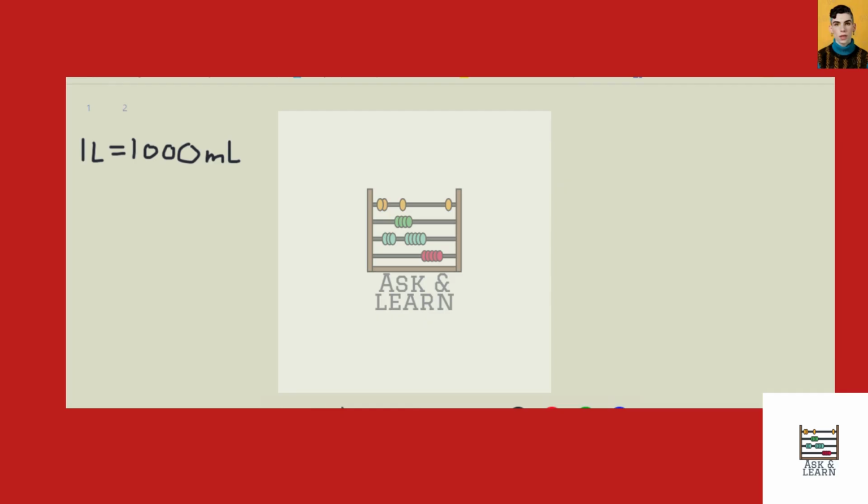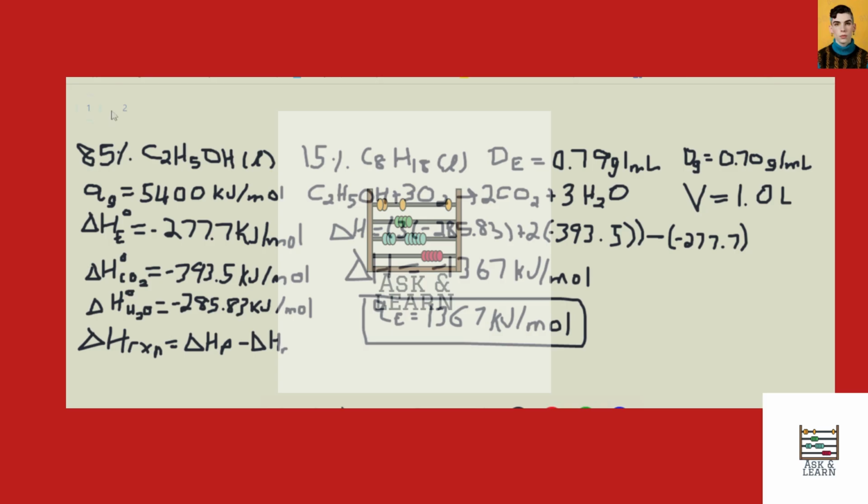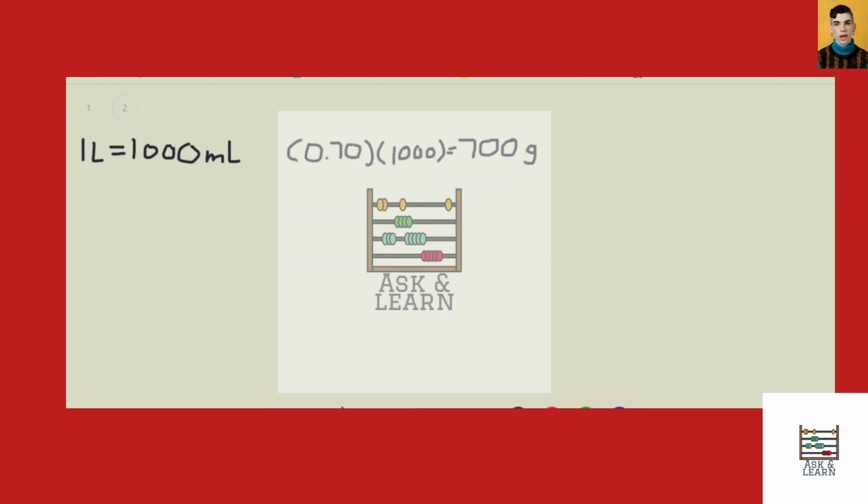Now, we have 0.70 times 1,000, which is equal to 700 grams of our gasoline. Then you have 0.79 times 1000, which is equal to 790 grams.